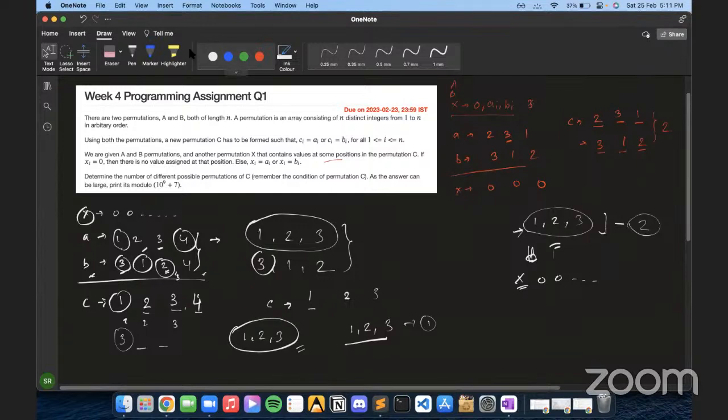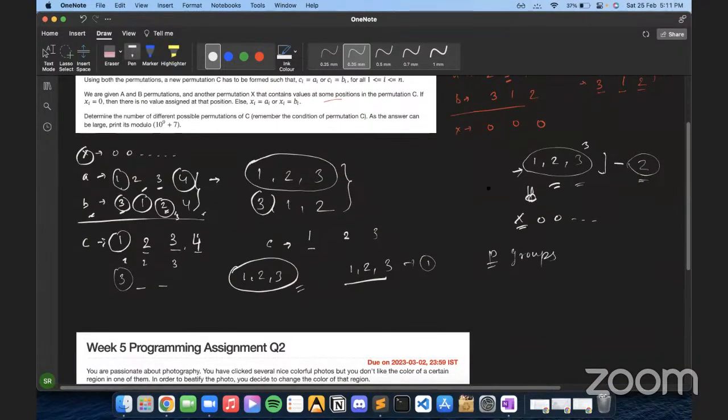This is a group of size bigger than 1, of size 3, and this group occurs once. So basically, the answer is we have to just count the number of groups of size bigger than 1. Just assume there are P groups inside the array, like 1, 2, 3 over here, and there could be others also. Here there is only one group.